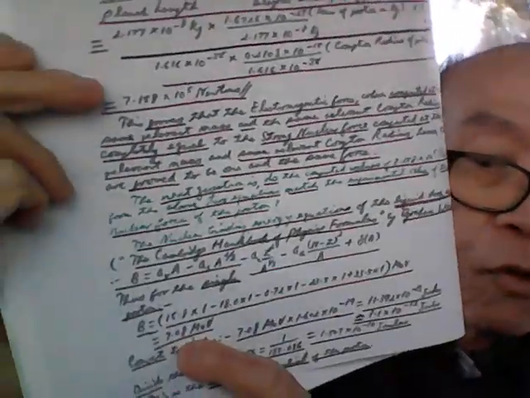And the result is 7.08 mega electron volt. And if you have to convert the electron volt to joules, then you multiply by 1.602 times 10 to the power minus 19, approximately 1.1 times 10 to the power minus 12 joules.